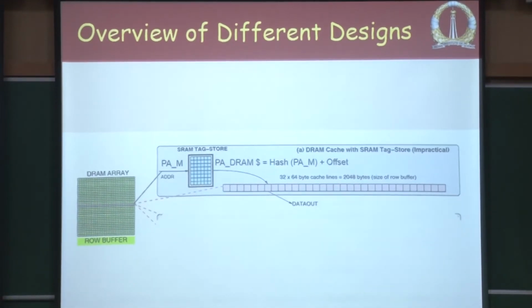In the case of your DRAM cache, you first take that physical address and you do some kind of hashing, which is basically taking off some bits and then looking at some other bits, the middle x number of bits or whatever it is, which tells you the set index. But that alone is not enough for you, because along with that set index, if it is a set associative cache, you also need to know in which way the data is available.